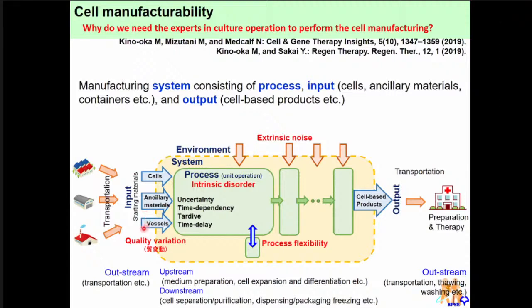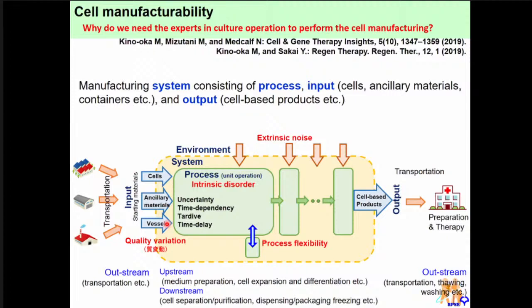And also we need the culture vessels. If the change in the culture vessels, we will get a different quality. So input, if the change in the quality, I mean the quality variation causing the fluctuation of the quality of the final product. This fluctuation, I mean the variance, easy to understand.